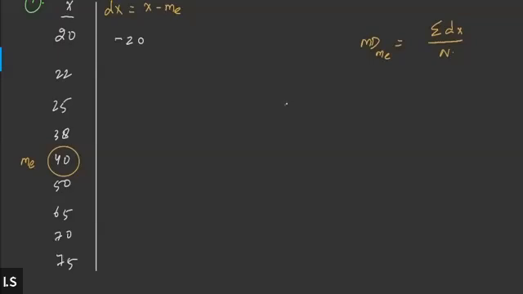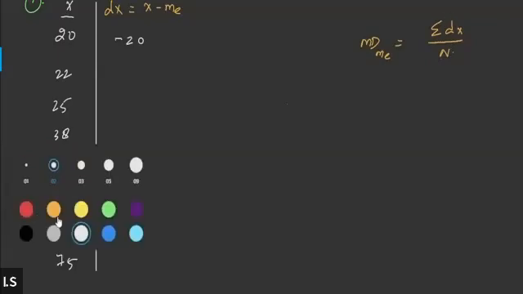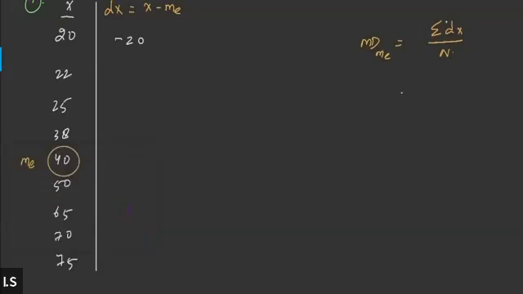Did I tell you in the last session that while calculating the mean deviation, we have to take the absolute value of deviation? No, sir. Okay, that is why your answer is not matching. All right, no problem. Whenever you write down the formula for mean deviation, we have to write the value of the deviation in absolute terms.